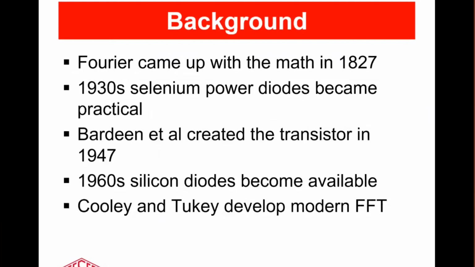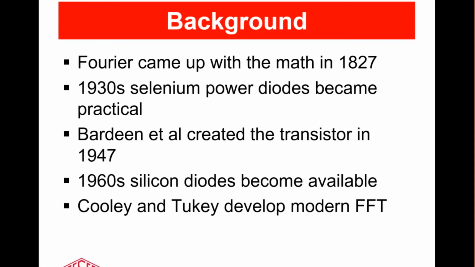So, back to a little background. We saw that Fourier came up with the math to think about harmonics back in the 1820s. The first thing that really caused the problems were diodes. Before there was the transistor, there was the diode, and in the 1930s, we learned how to build relatively high current selenium diodes. So we learned how to build variable speed motor controllers, in a sense.